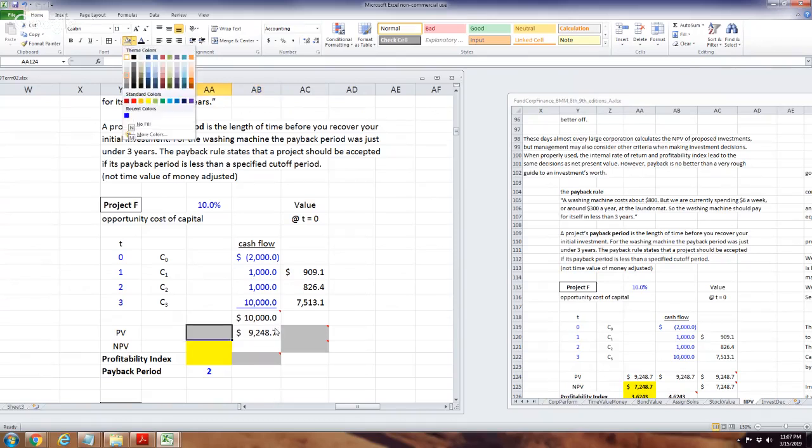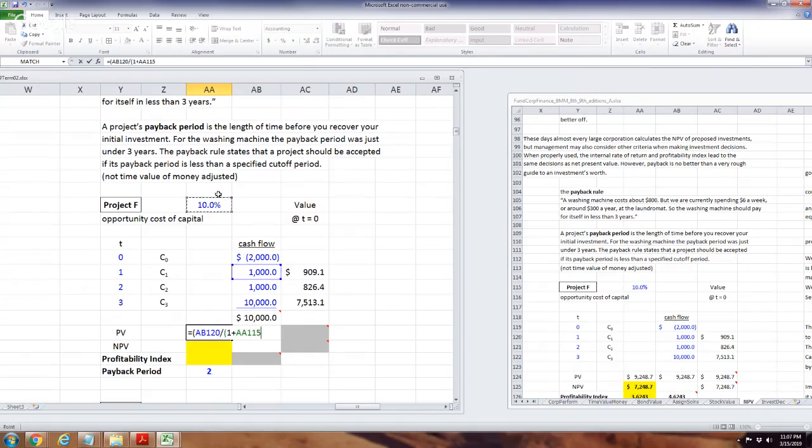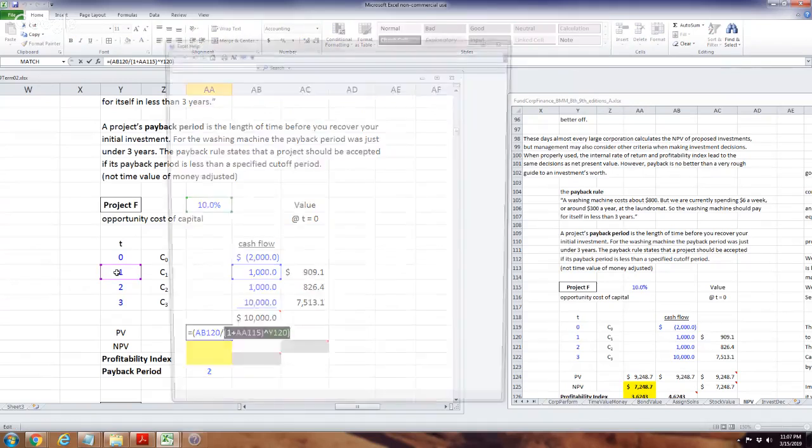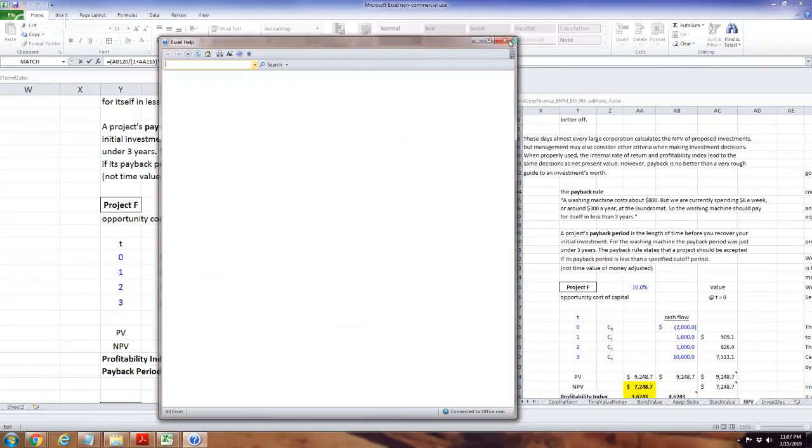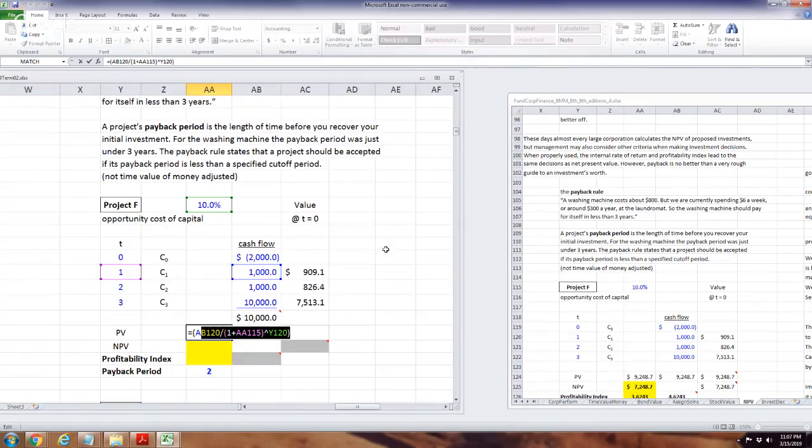And like I said, again, equal parenthesis. You can do all these things. And then you just change that. Oops, I hit the help button by accident. You just change the indices.